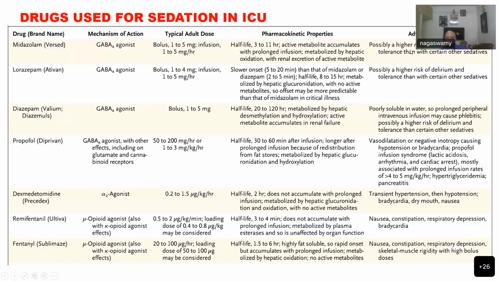And the side effects: there is a high risk of delirium and tolerance if the patient has any pain. For example, a polytrauma patient who is on a ventilator, if he is in pain, giving midazolam alone will make him worse because it doesn't give any pain relief. So we have to find out exactly the nature and condition of the patient. If it is a painless COPD patient on a ventilator, he will not have much pain from any stimulus.